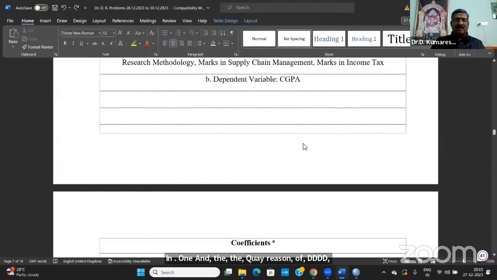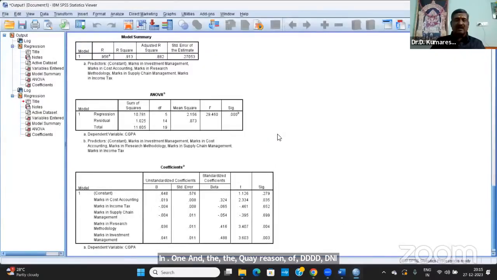ANOVA says the significance value is 0.000, significant at 1%. The independent variables jointly influence the dependent variable at a 1% significance level.